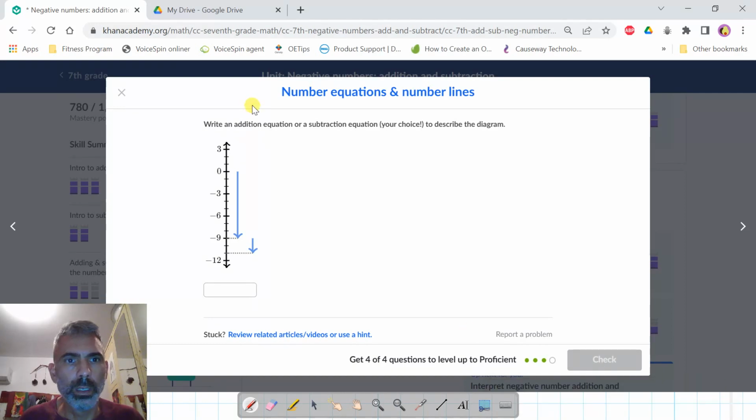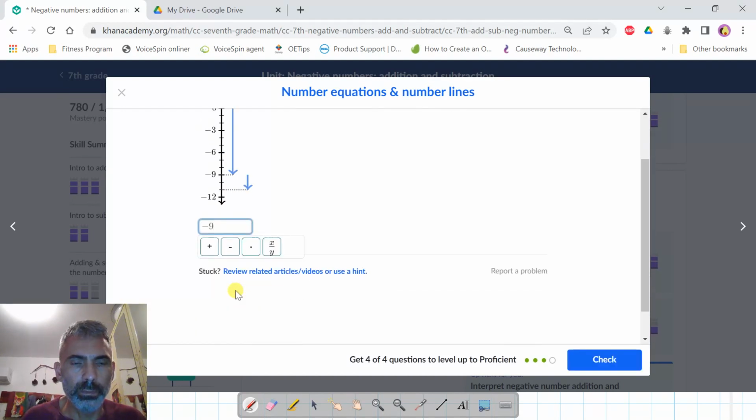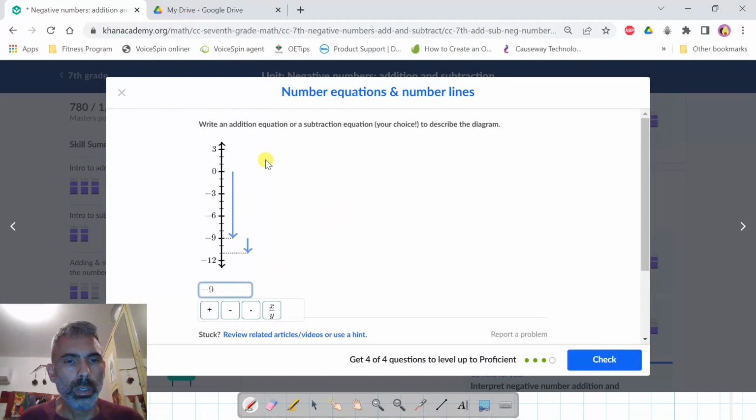Next. Write an addition equation or a subtraction equation, your choice, to describe the diagram. Okay, so the first leg of the journey, we take 9 steps downward, which means 9 negative steps. And then we add another negative 2 steps.